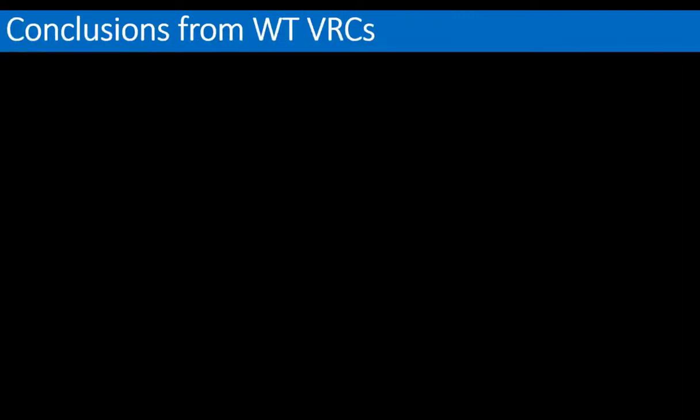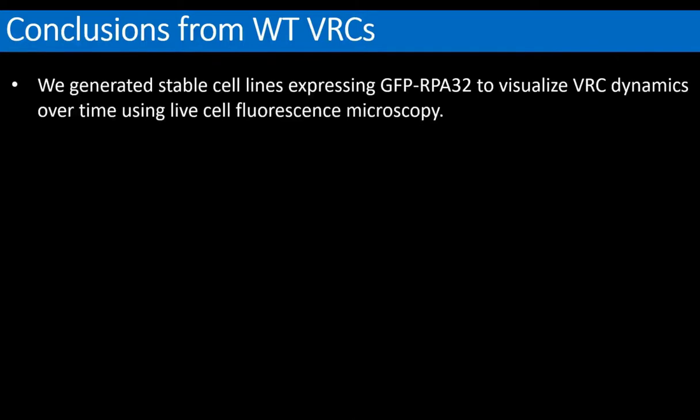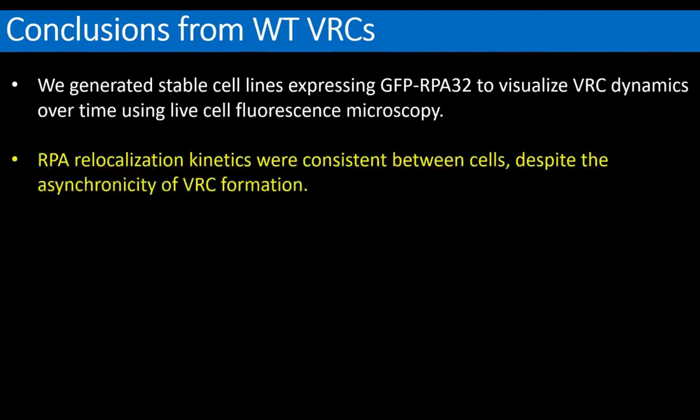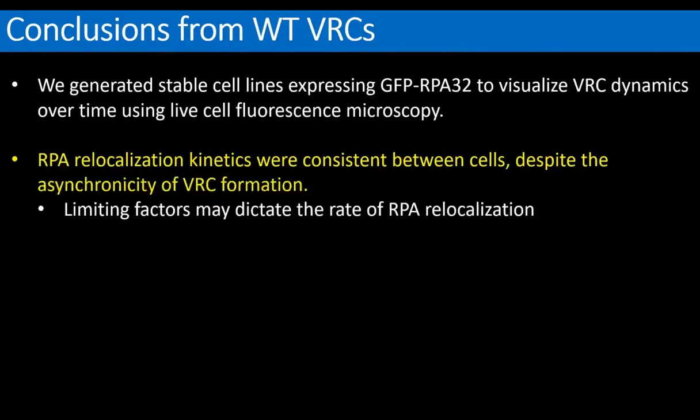So just to bring this all together to some conclusions about the wild-type replication centers, we generated stable cell lines expressing a GFP-RPA32 and visualized VRC dynamics over time using live cell fluorescence microscopy. We found that RPA relocalization kinetics were consistent between cells despite the asynchronicity of formation, suggesting there may be limiting factors that dictate the rate of RPA relocalization, and that's something we're looking into currently.